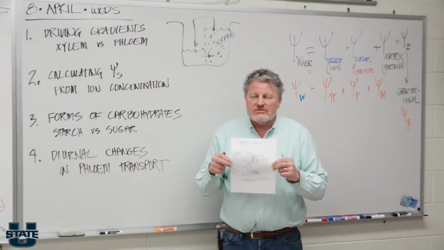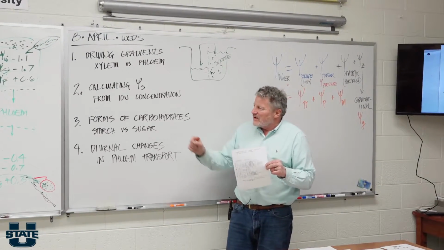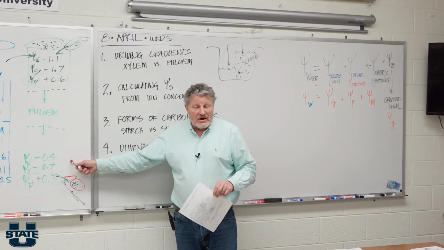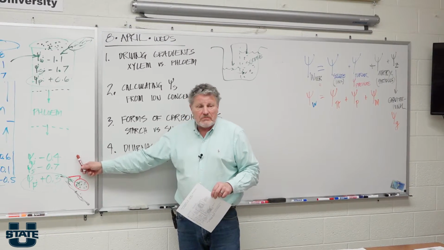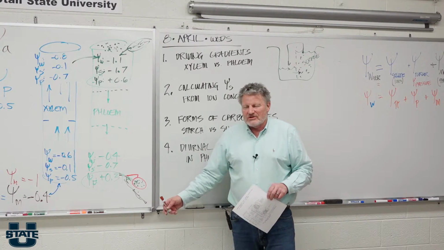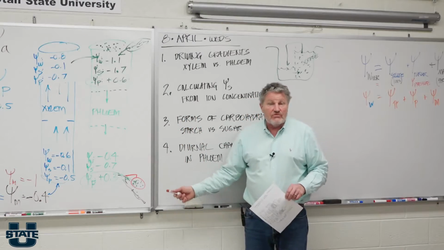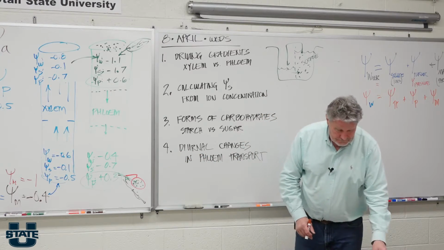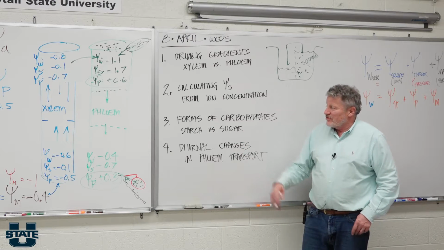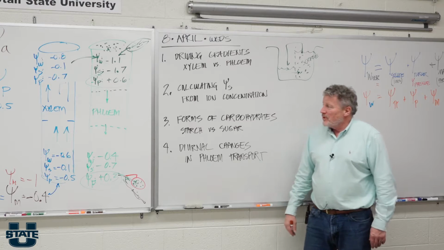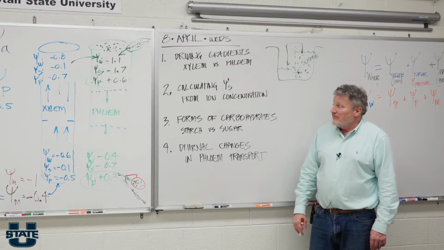Over the decades, teachers have gotten better at explaining this, but this is also called the Münch hypothesis, a German guy that first proposed it, and it's pretty well established this is the mechanism of phloem transport. But sometimes we still call it a hypothesis because other people have proposed different ways this could happen.